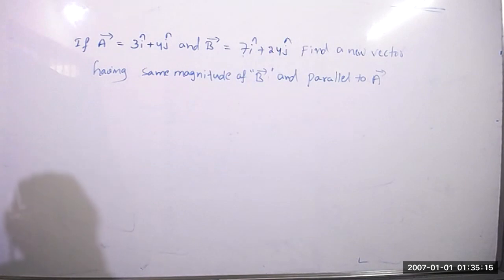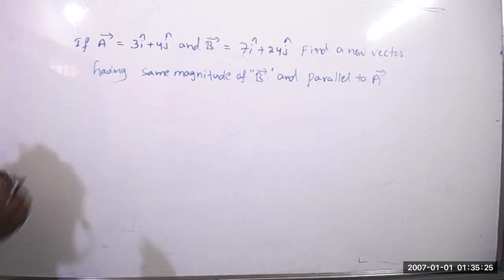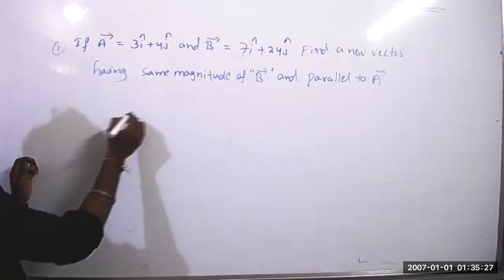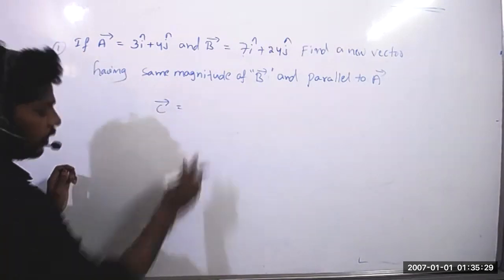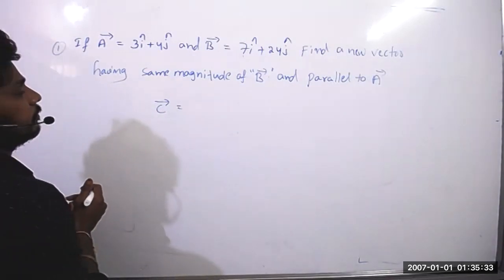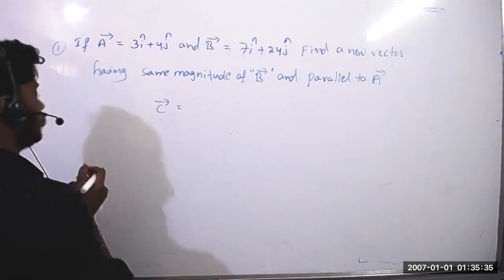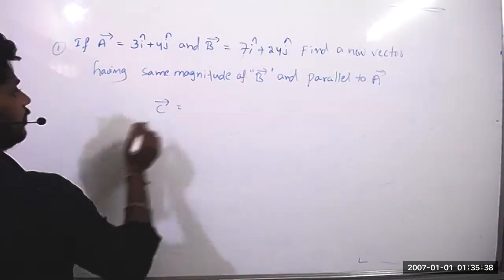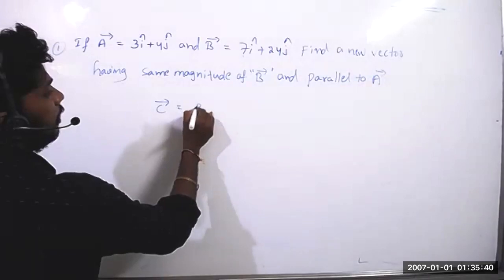Actually, Vaibhavi is raising her hand, but I think there is a mic problem. Okay, Vaibhavi. Sir, can I do it like this? C bar equals, that is the new vector. B magnitude times A cap. Very good.